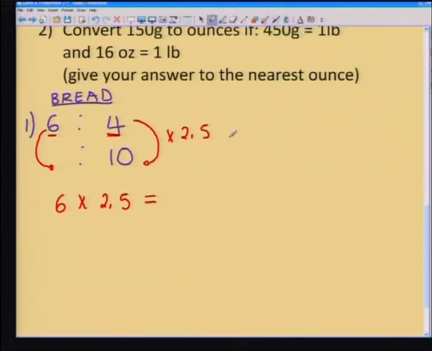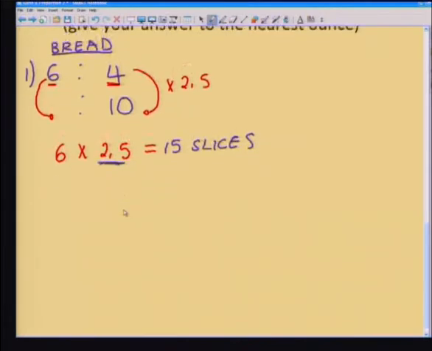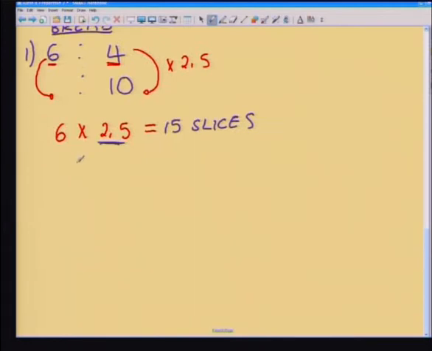So if you go 6 times 2,5, you will get 15 slices of bread. Just repeating that, since I had to times 4 by 2,5 to get to 10, I needed to times 6 by the exact same factor. So I need 15 slices of bread for 10 people.